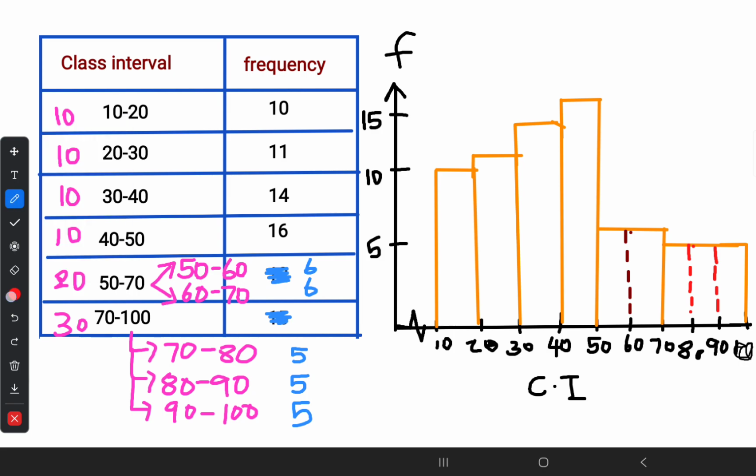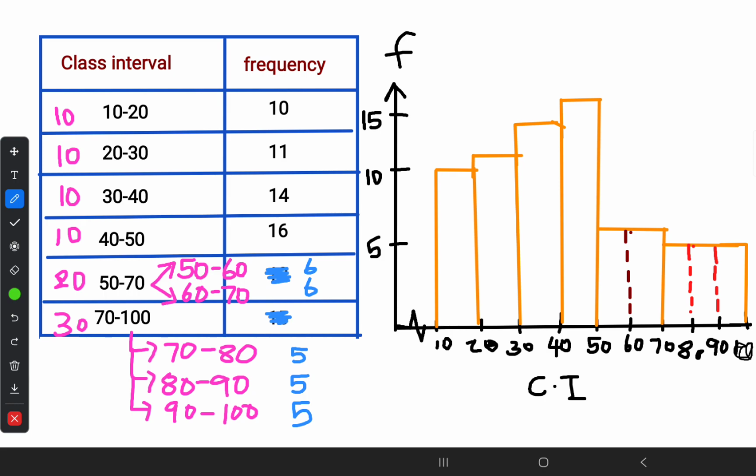I'll repeat once more. It is really simple. Up to here the work is really easy. But thereafter, if the class interval is not fitting to the class width of the previous intervals, you have to make them uniform. So 50 to 70, we cannot make another block with 20 class width, so it should be even.